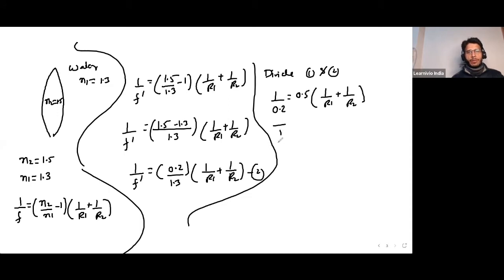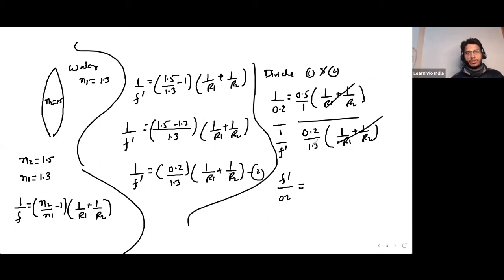And this is 1 by F prime is 0.2 by 1.3, 1 by R1 plus 1 by R2. So this will get cancelled out. You can take this F prime to the numerator. So it will be F prime by 0.2 and this is 0.5 by 1, right? So this 1.3 will come to the top. So this will be 0.5 into 1.3 by 1 into 0.2.